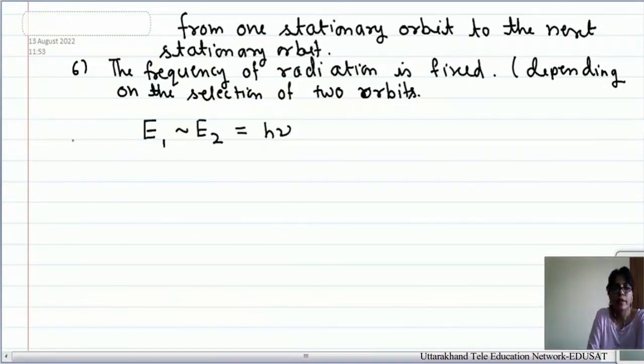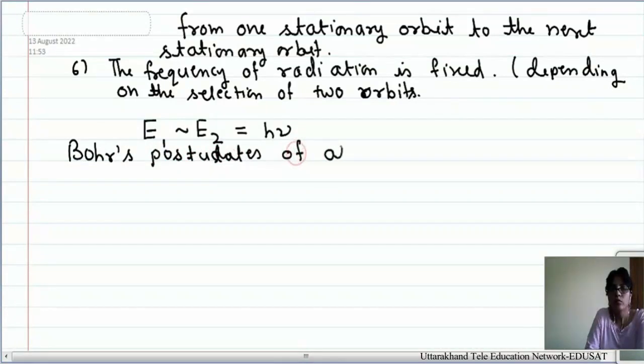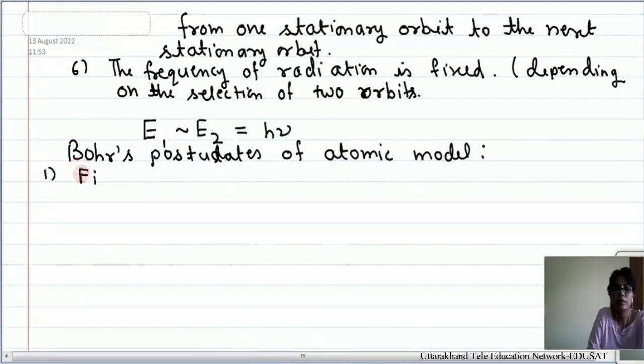Now let us put another heading: Bohr's postulates of atomic model. So the first postulate.